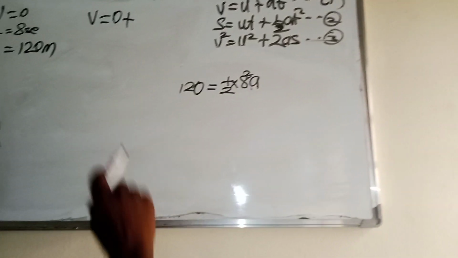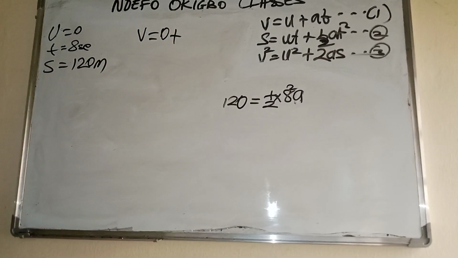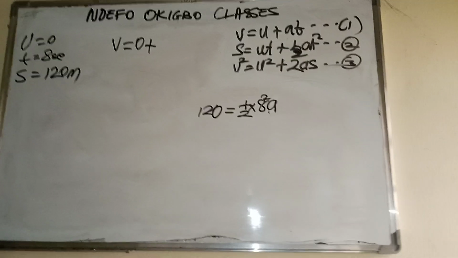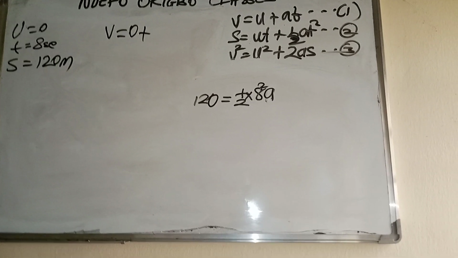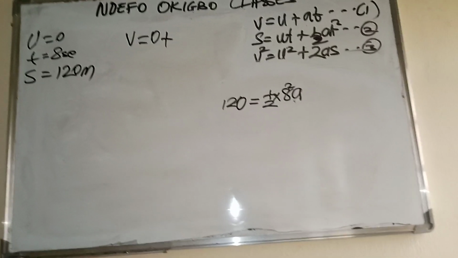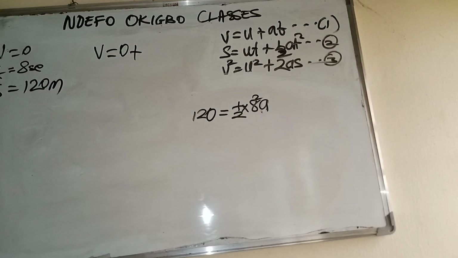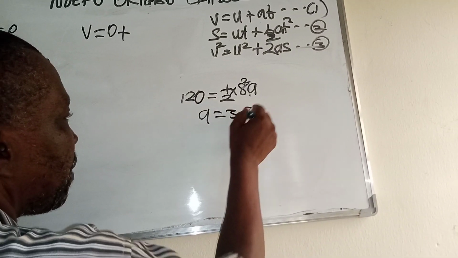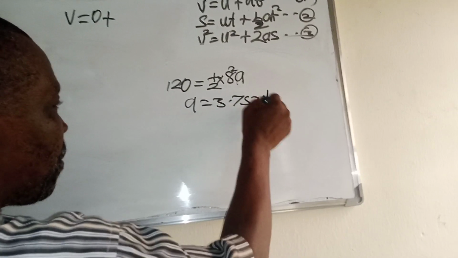From here I can get the acceleration. Working that out, I got the acceleration A to be 3.75 meters per second squared.